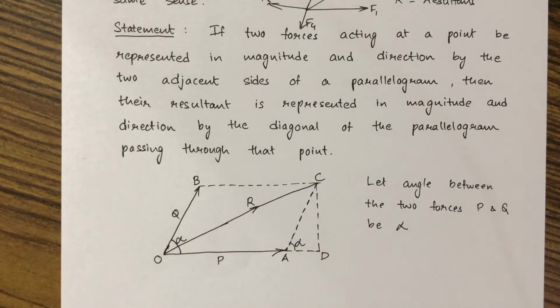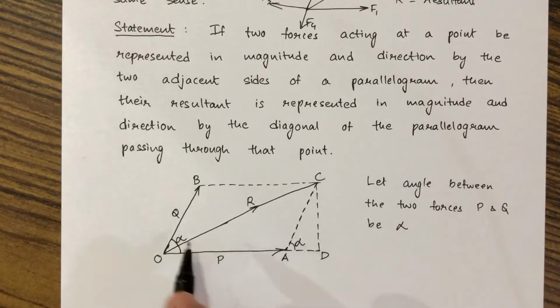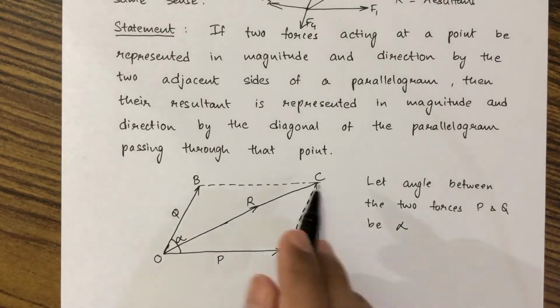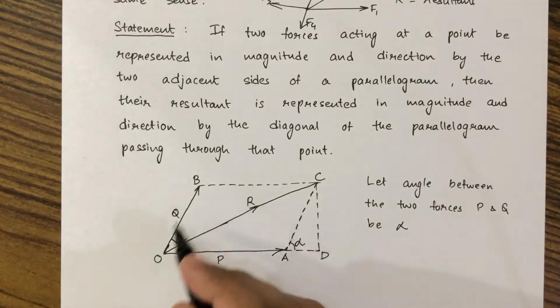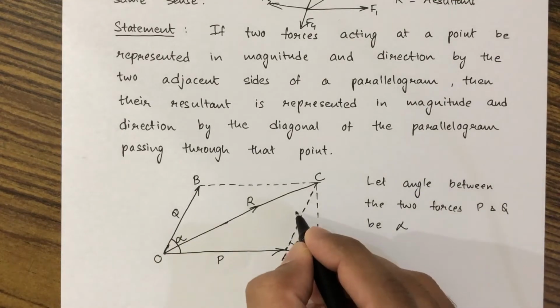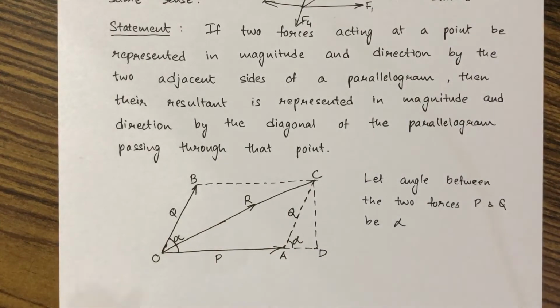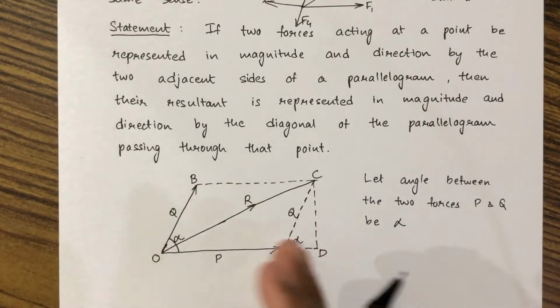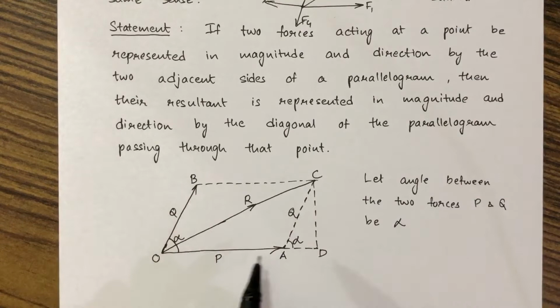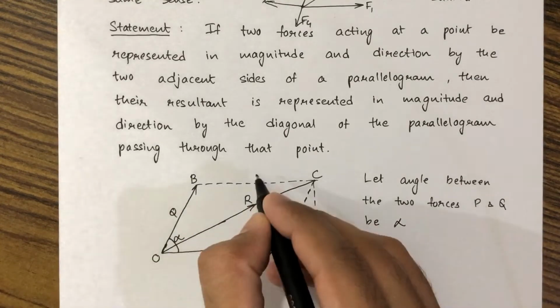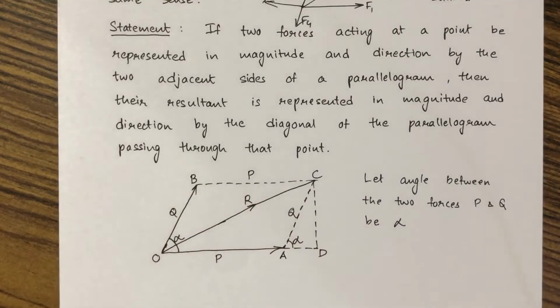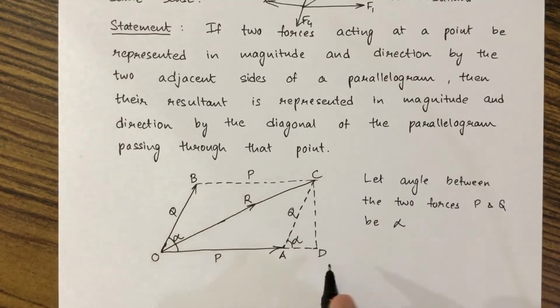Now here, this is actually the parallelogram OACB. So if this is Q, this should also be equal to Q, because opposite sides of a parallelogram will be parallel and equal. Also if this is P, this should also be P. So let us consider this also as P. Now let us consider this triangle ACD.